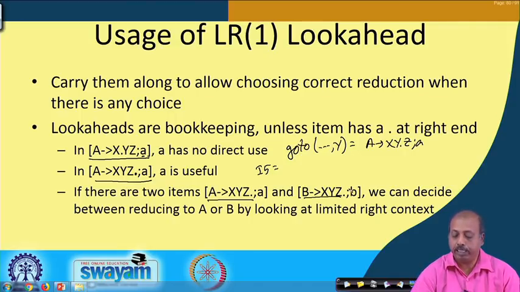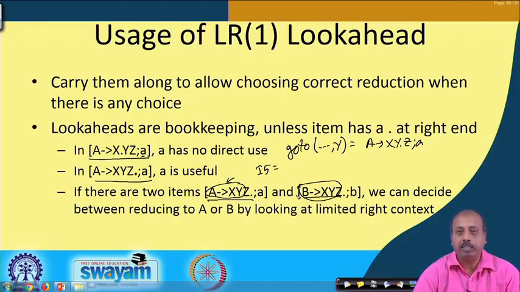If we have to do a reduction, then this rule tells me that for all the terminal symbols in the follow set of A, I have to do reduction by this rule, and this rule tells me that for all the terminals in the follow set of B, I have to do this reduction. Now, if the follow set of A and follow set of B have some terminals common between them, then this will immediately give rise to a reduce conflict.